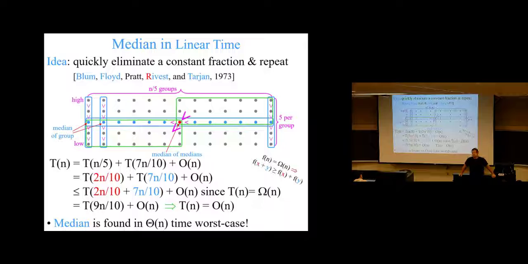This was a big monumental effort, and it was discovered in the 70s, by the way, so it's not a new algorithm. After it was discovered, it has been used as a black box in many other algorithms. For example, you can use this in quicksort to make quicksort run in worst case n log n time.